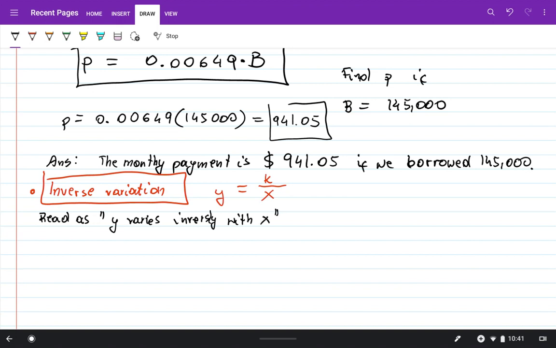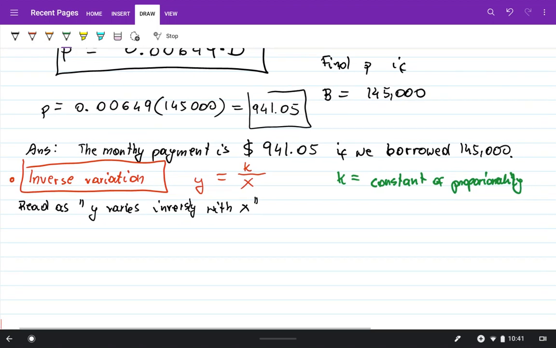So again, here k should still be known and represents the constant of proportionality. And the same idea, you always need to find that k.